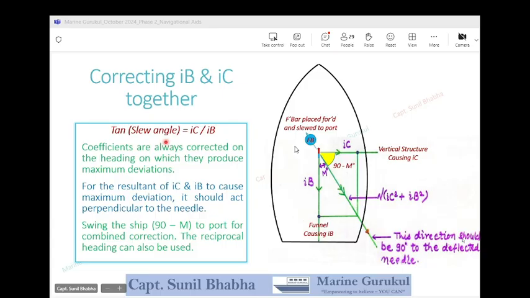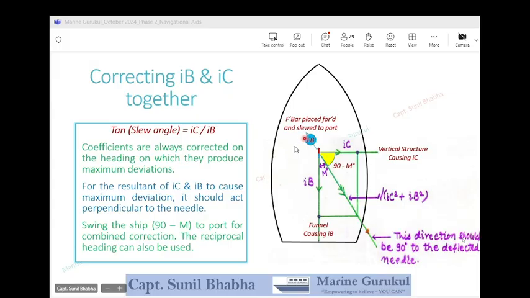So if we know the magnitude of IB and the magnitude of IC, then we can easily calculate the slew angle. The slew angle, once calculated, tells us how much turning or slew is required for the flinder bar. Now the flinder bar has to be placed in a direction opposite to the resultant of these two forces.